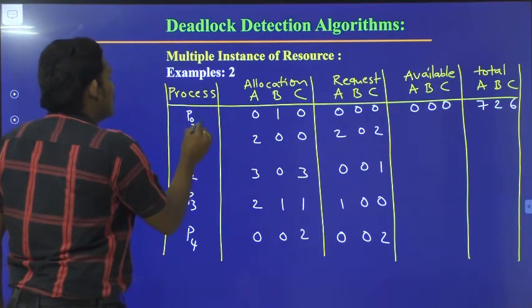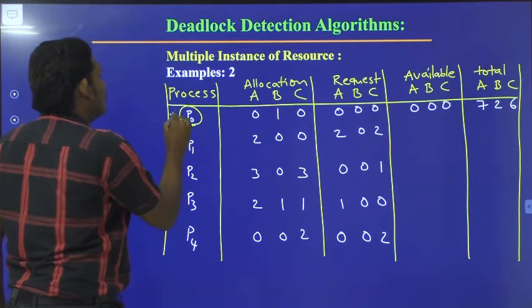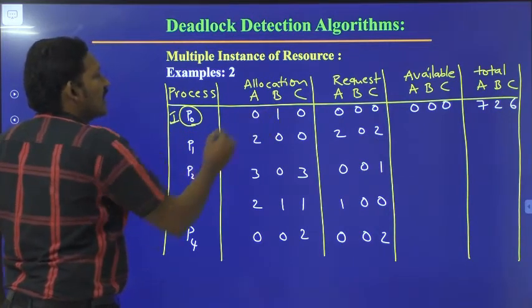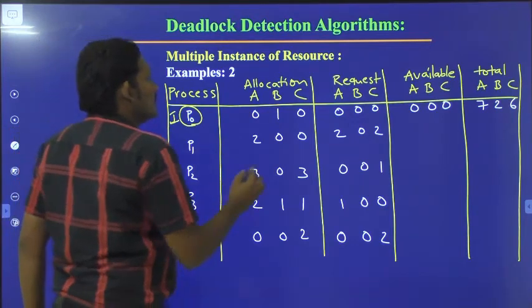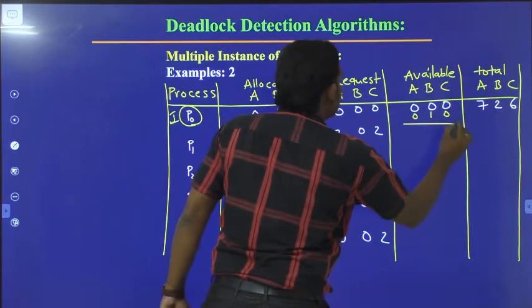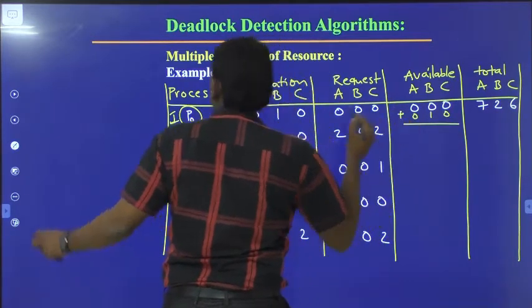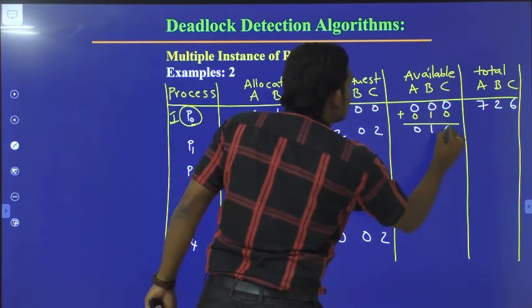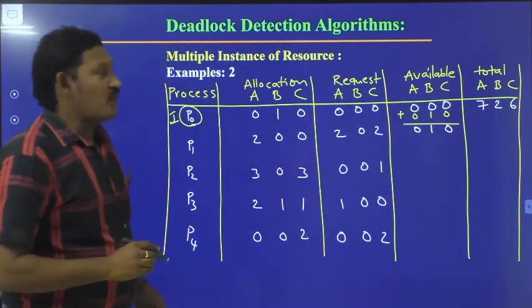So first the process P0 will be executed. So these allocated resources will be released. So 0, 1, 0 is released. So now what happens if we add 0, 1, 0? Now the available resources are 0, 1, 0.